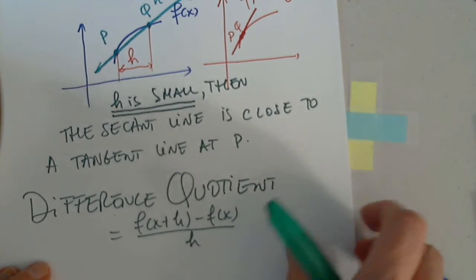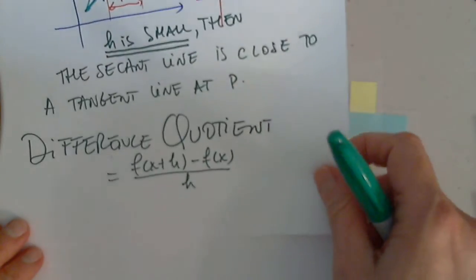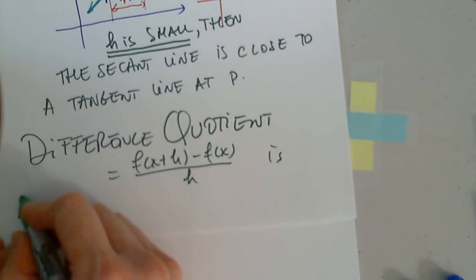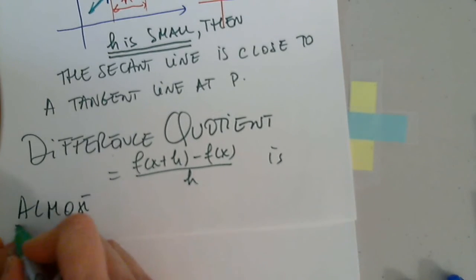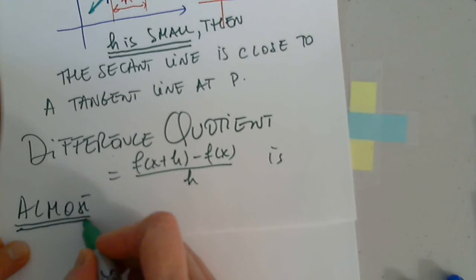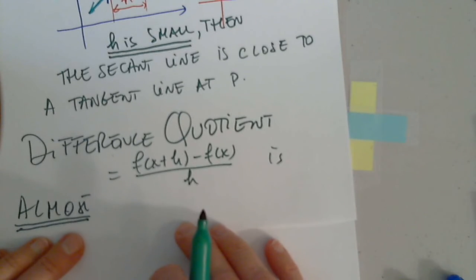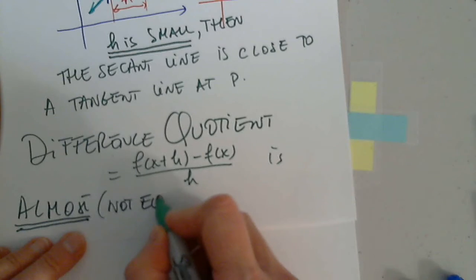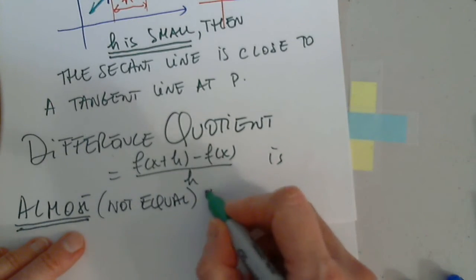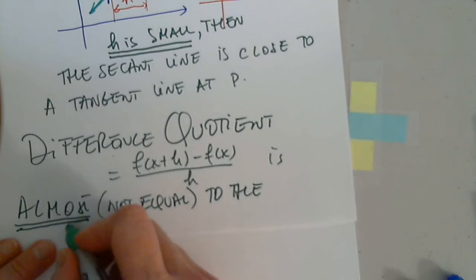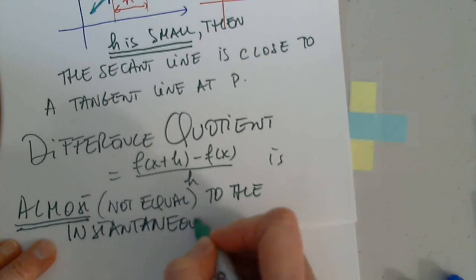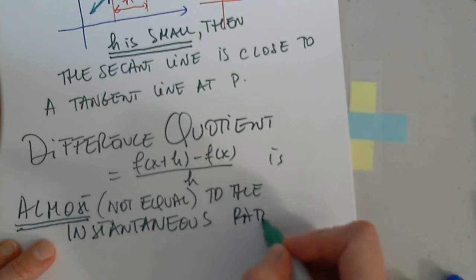Okay, what's the big deal? The big deal is that the difference quotient is almost, not quite, and you will see what that means later, almost, I'll put in parentheses, not equal to the instantaneous rate of change.